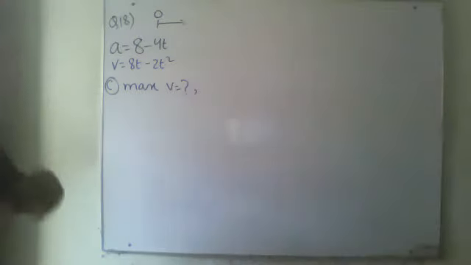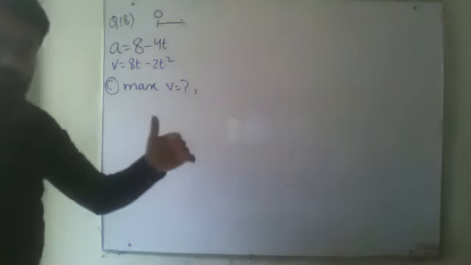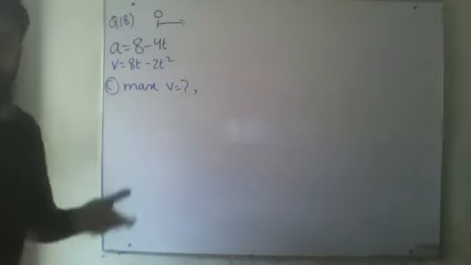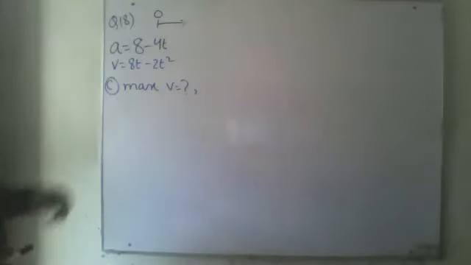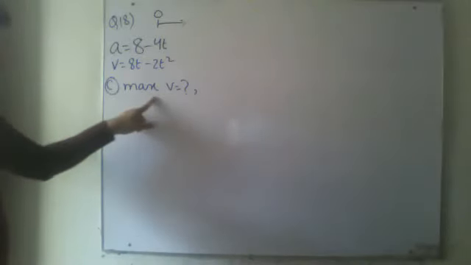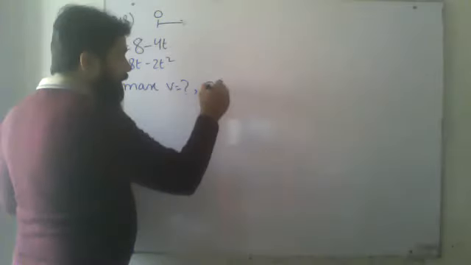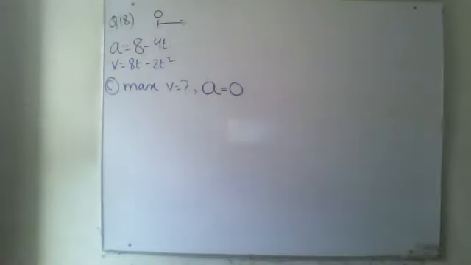After that, when acceleration is negative, it means we have a deceleration. So when we have to find maximum velocity, basically I have to find at what time the acceleration was 0.